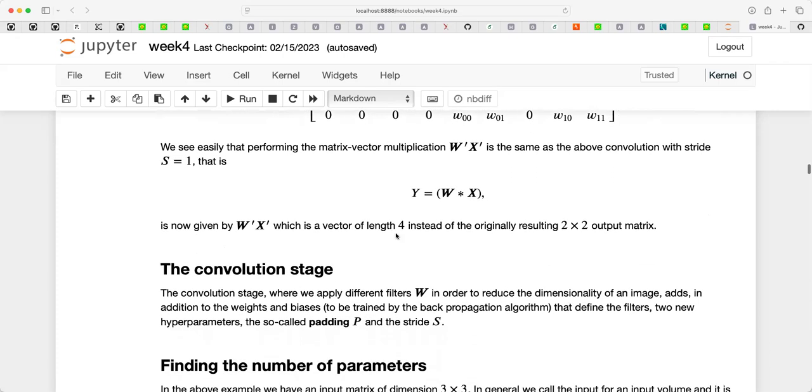And this is just you flattening out the matrix to a vector with 4 elements, which then corresponds to a 2 by 2 matrix. Okay? So this is typically the way you would encode this when you're setting up the filter process.